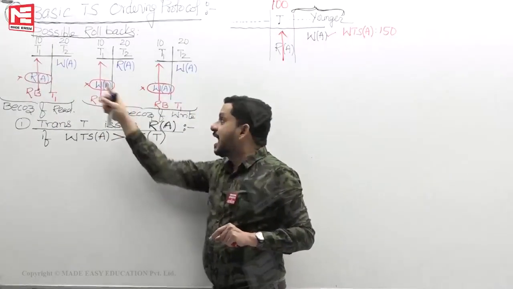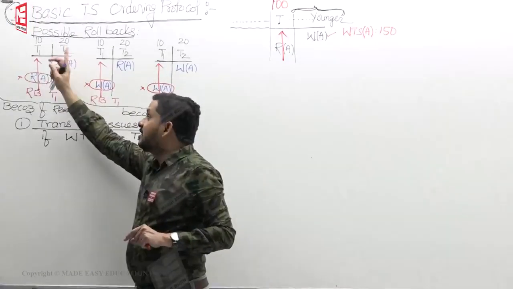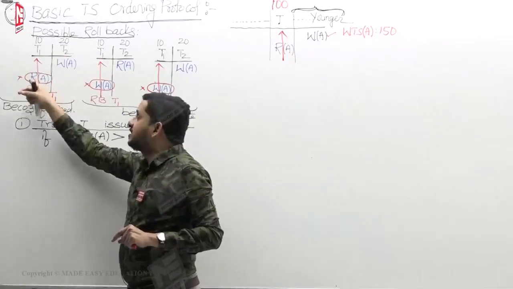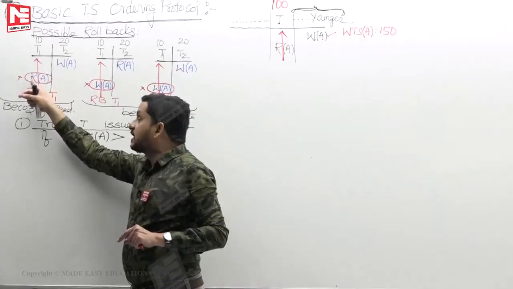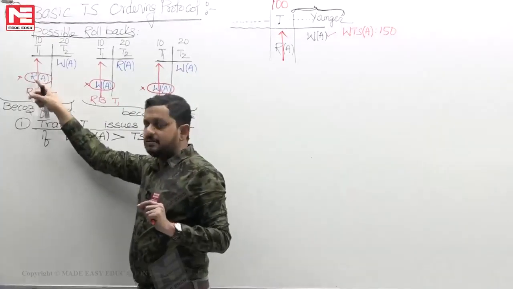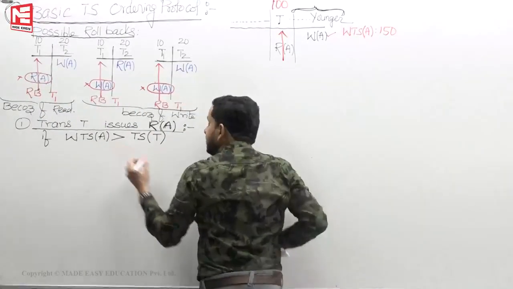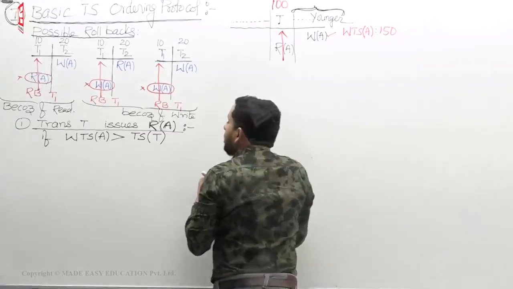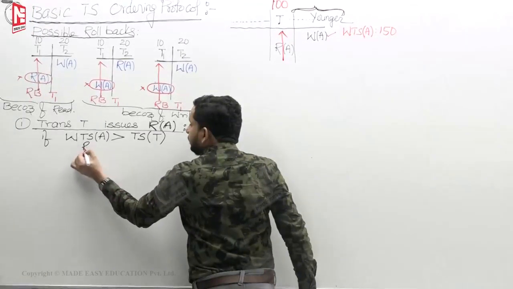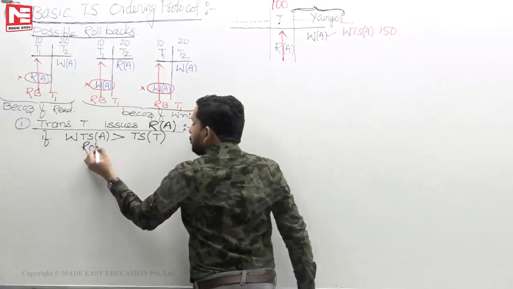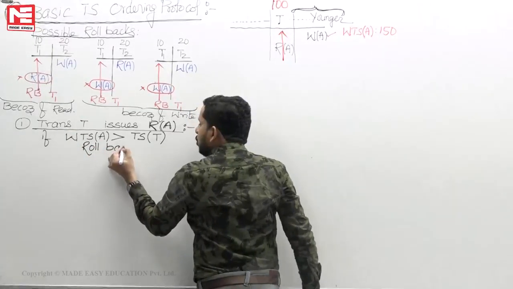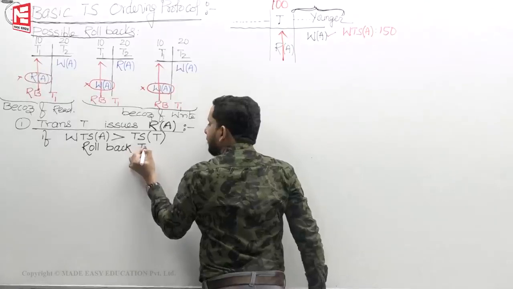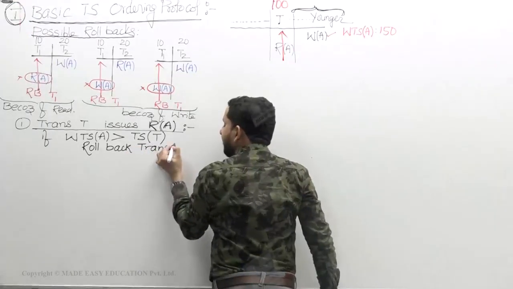It means a younger transaction has already done the write. If a younger transaction has already done the write, then this T1 read request is not allowed. So if this happens, what do we need to do? Roll back transaction T. If this condition is true, we roll back transaction T.